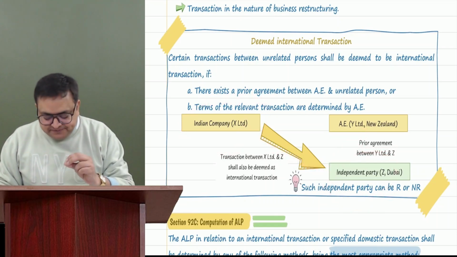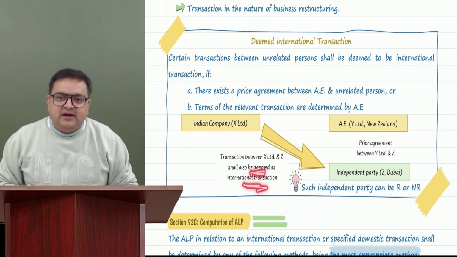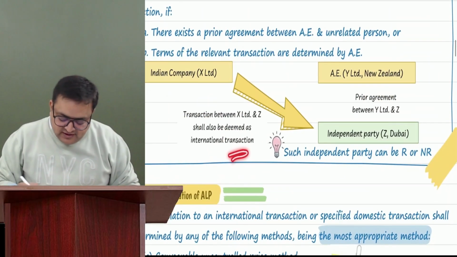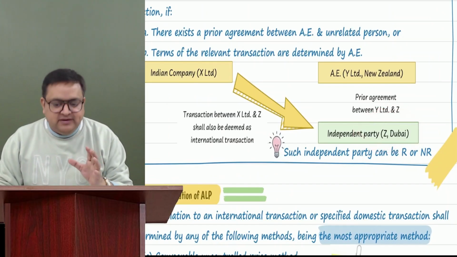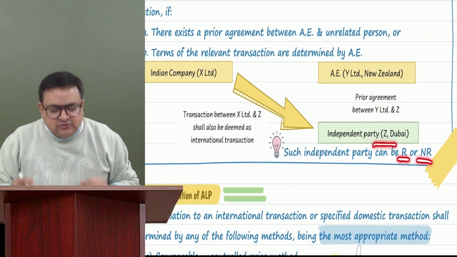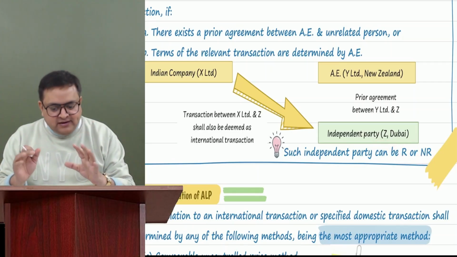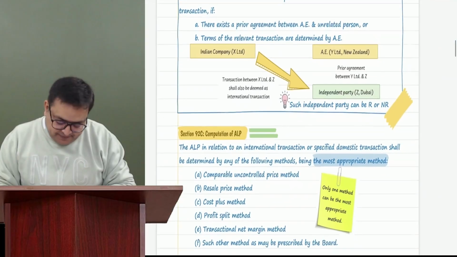But this transaction will also be considered a deemed international transaction. Everybody's okay with this? Guys, this person can be a resident also, non-resident also, doesn't matter. So dummy party can be anyone, right? But still we will call it an international transaction.